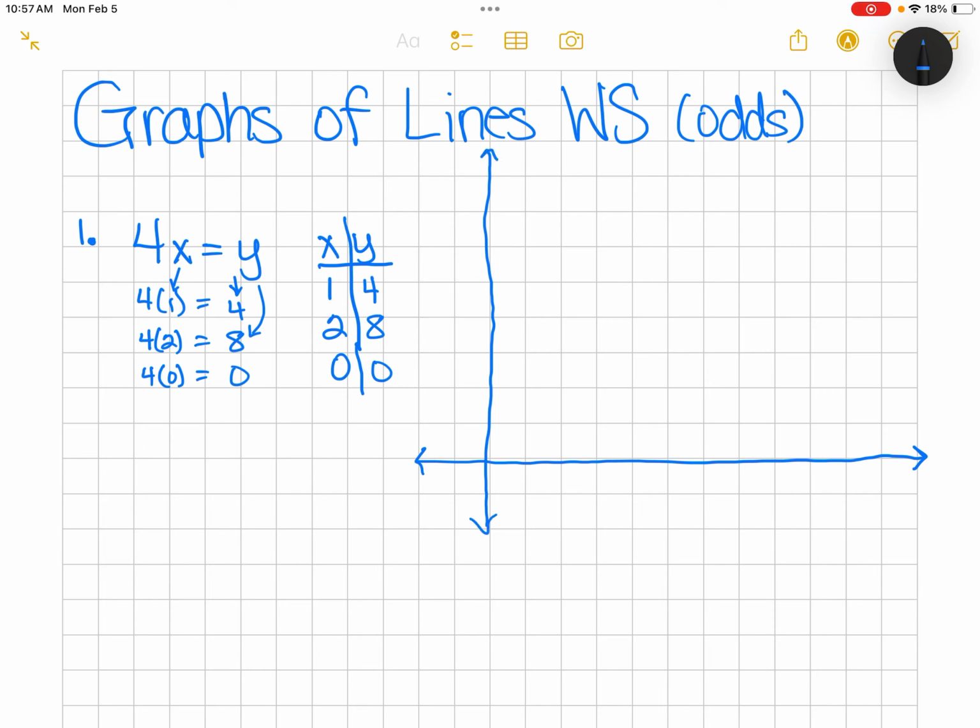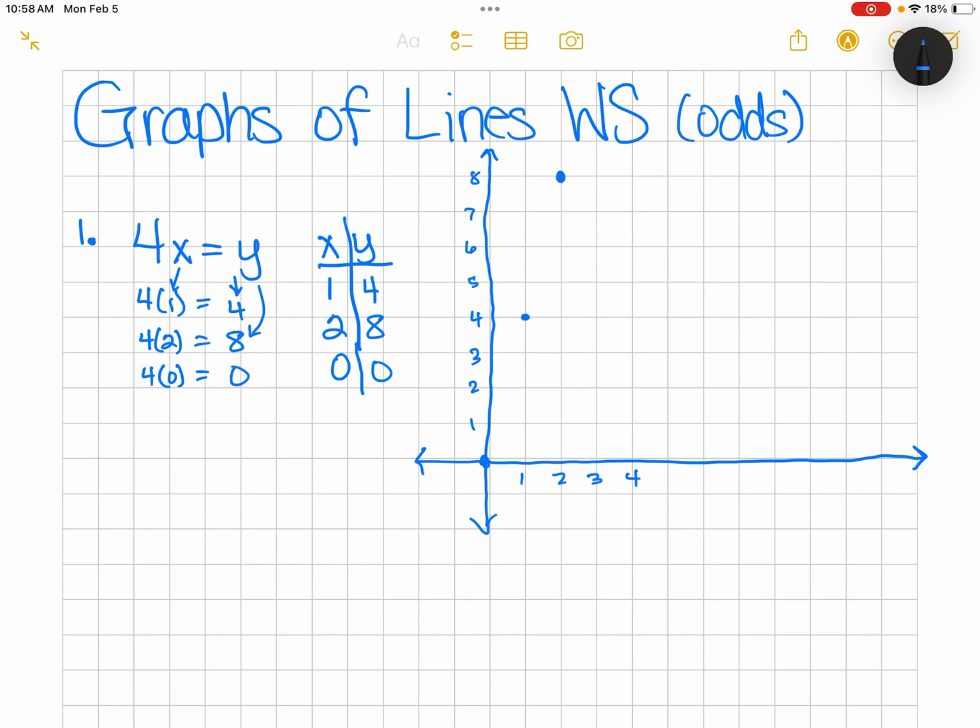Okay, 1, 4. So here's 1, 2, 3, 4. So I go to 1, and then on the y-axis, 1, 2, 3, 4. Y'all's graphs are actually labeled for you. So 1, 4 would be right here. Okay, 2, 8 would be right here. And then 0, 0.